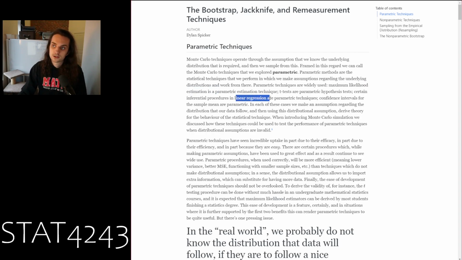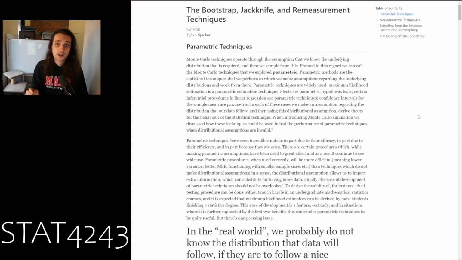If you think about certain tests from your linear regression class, you would have assumed that the errors were normal. You don't need that for everything within linear regression, but you do need that for certain things. If you think about forming a confidence interval in the small sample case around the sample mean, right? All of these things, the way that the procedure works is you assume something about the distribution, and then from there, you use theory to work out what you should be doing.